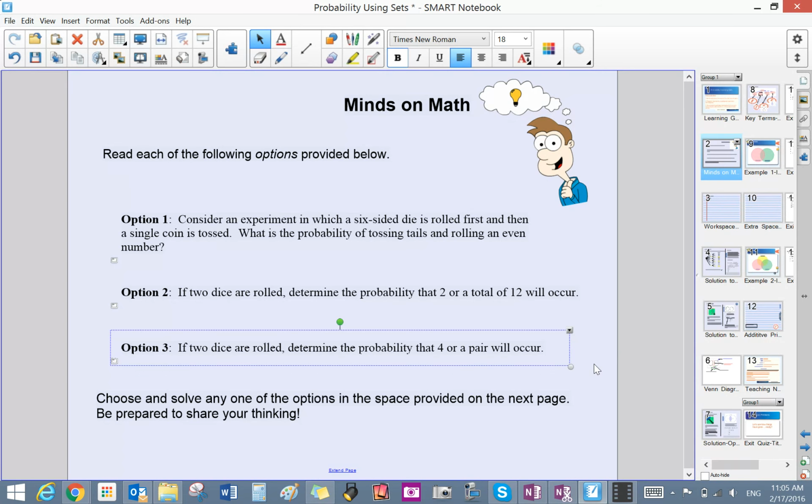The third situation utilized the additive principle of counting for the union of 2 sets, but also this was a situation where the events produced outcomes that were non-mutually exclusive. Okay, they shared an element in common.